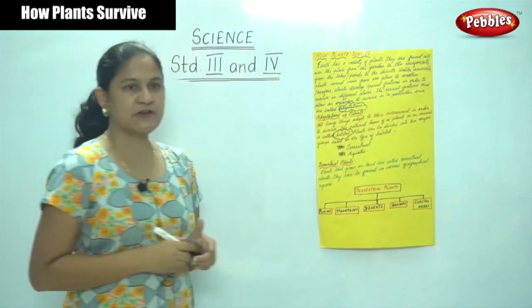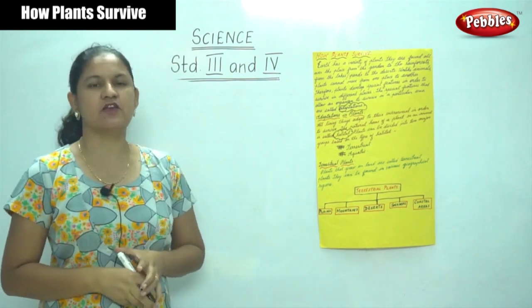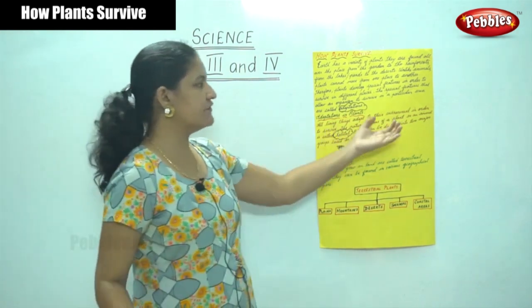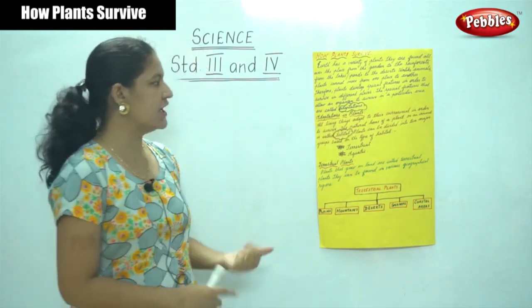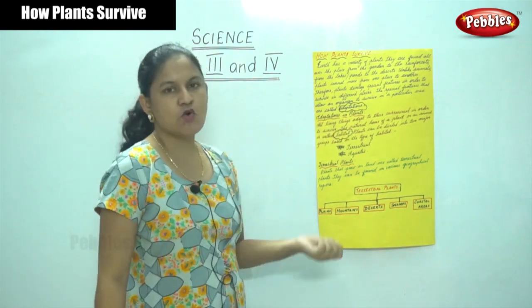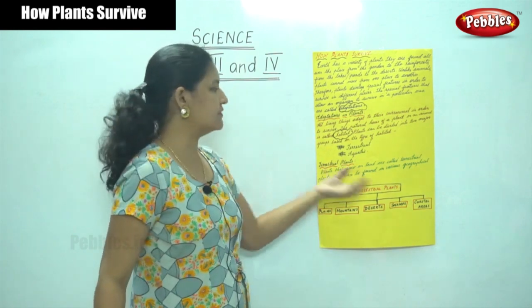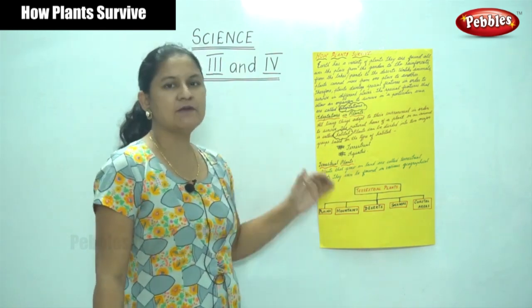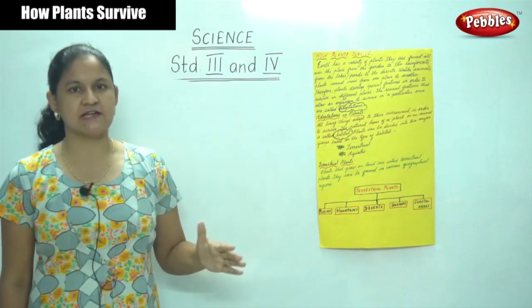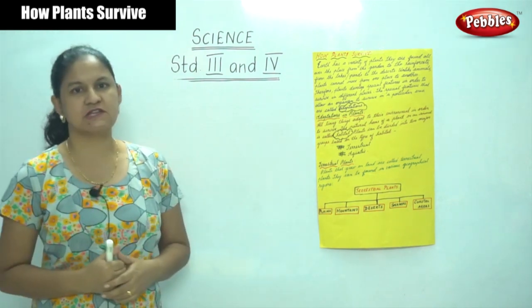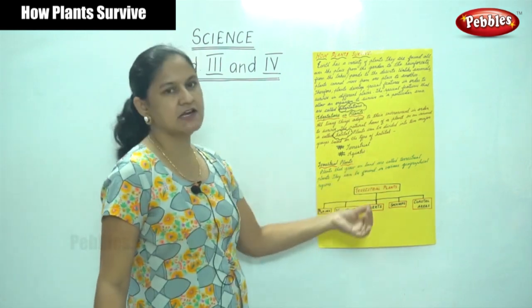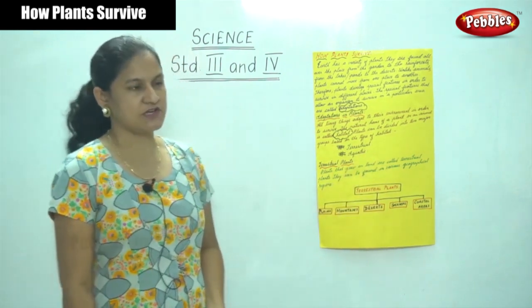So the special features that allow an organism to survive in a particular place are called adaptations, and the natural home of a plant or an animal is called its habitat. Based on its habitat, a plant can be classified into two major groups: terrestrial and aquatic.